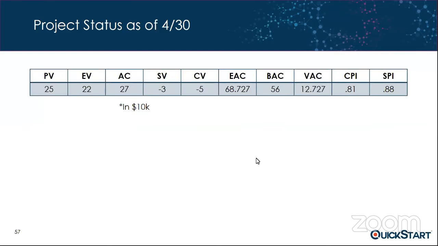And what I want to do now is take all of this information. I tried to start out simple and tell you a story and give you a project, and so we're kind of getting to the end here. Remember, we're at the end of our 4th month. I've taken all of those metrics that we've calculated and put them across this little table.